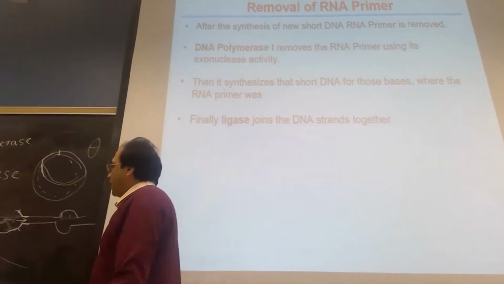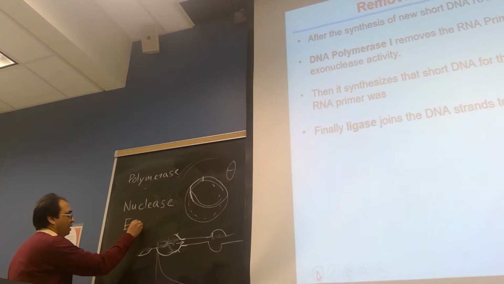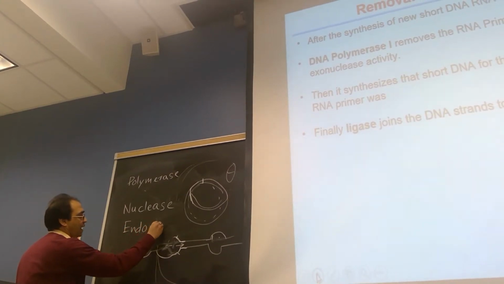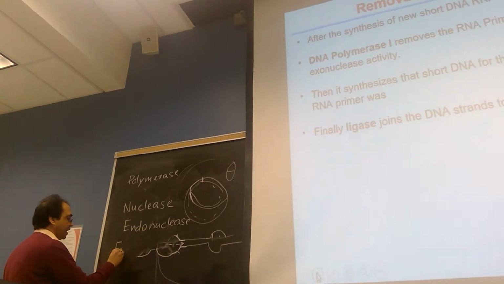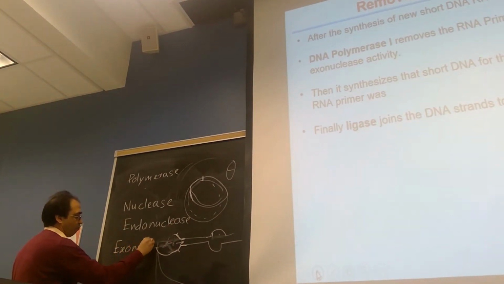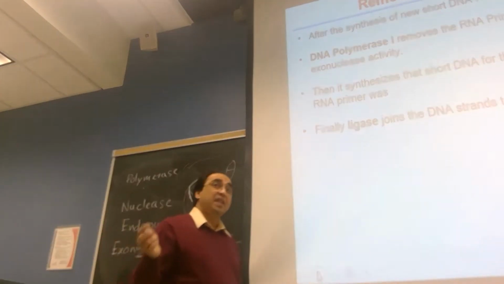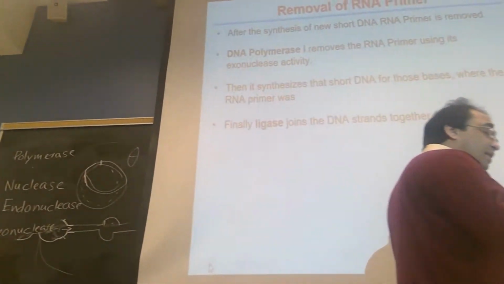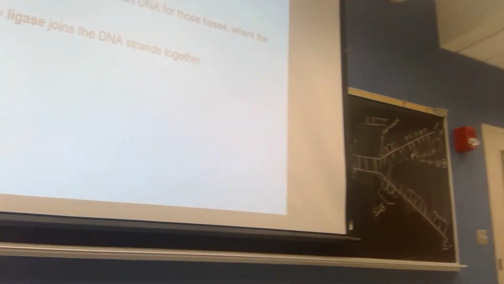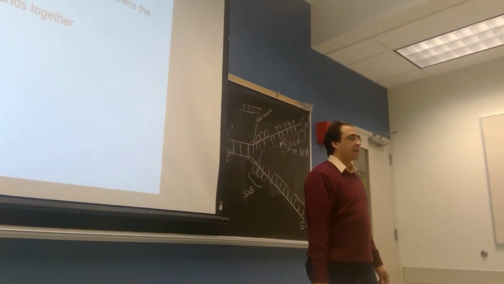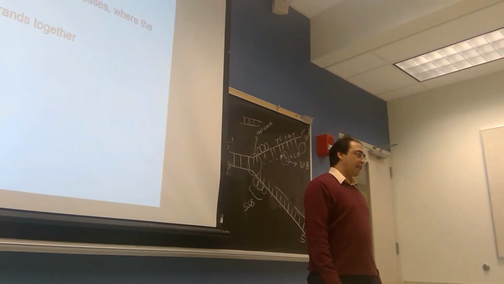This nuclease activity is of two types: one is called endonuclease activity, and another is called exonuclease activity. Some enzymes can have 3' to 5' exonuclease activity, some can have 5' to 3' exonuclease activity, like that. What is the difference between endonuclease and exonuclease activity?